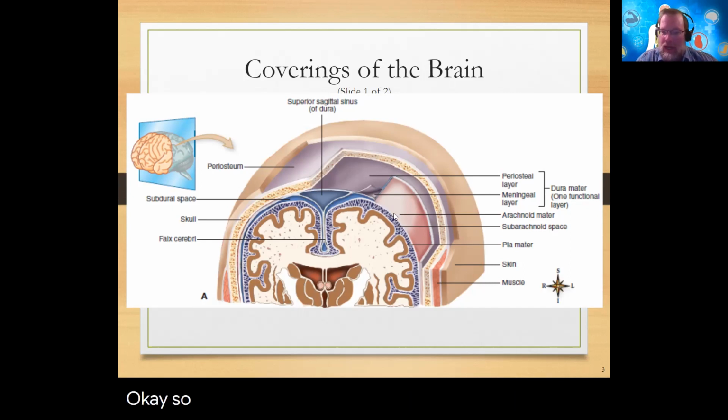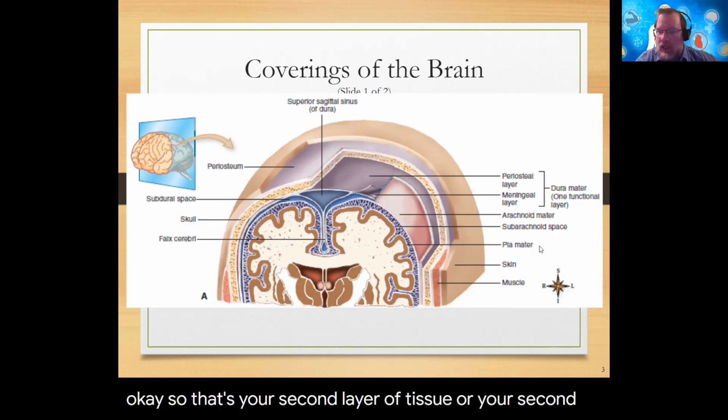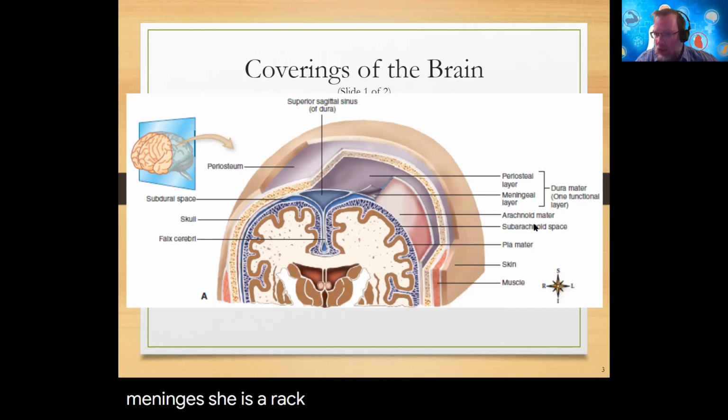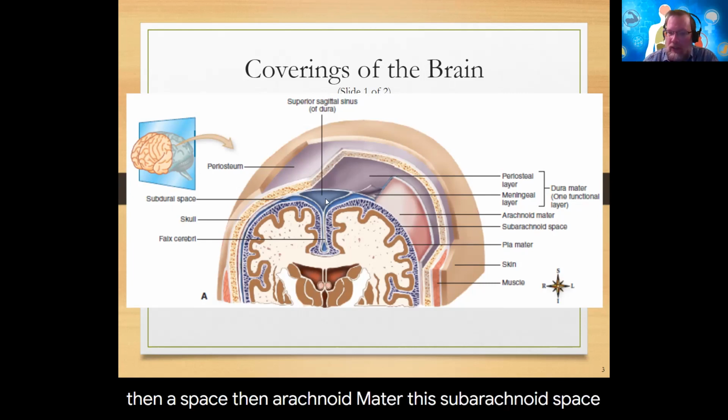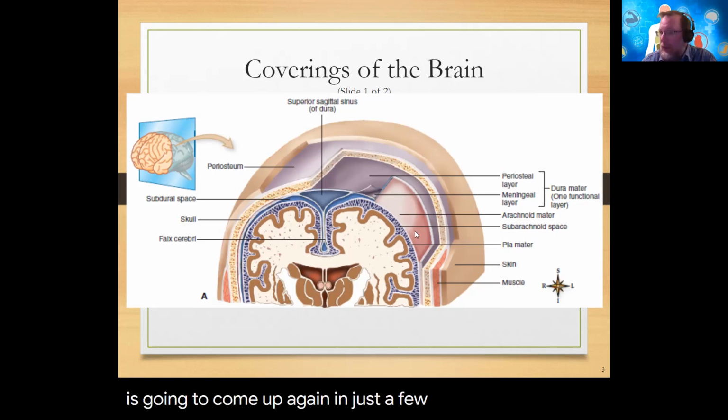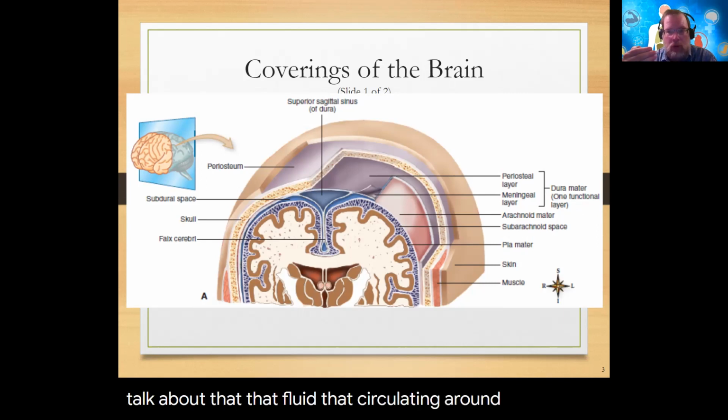That's your second layer of tissue, your second meninge: arachnoid mater. So we have pia mater, then a space, then arachnoid mater. This subarachnoid space will come up again in a few minutes when we talk about that fluid circulating around the brain, within the brain, around the spinal cord, and even inside and through the spinal cord.